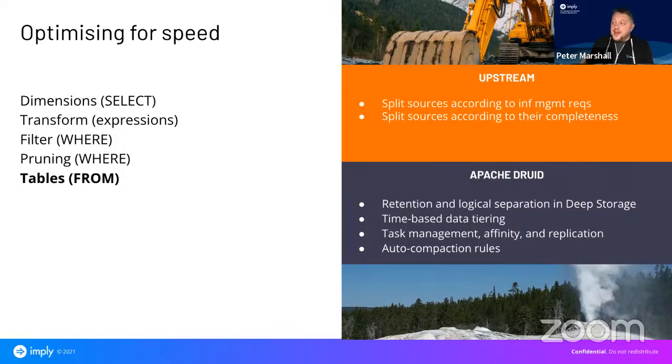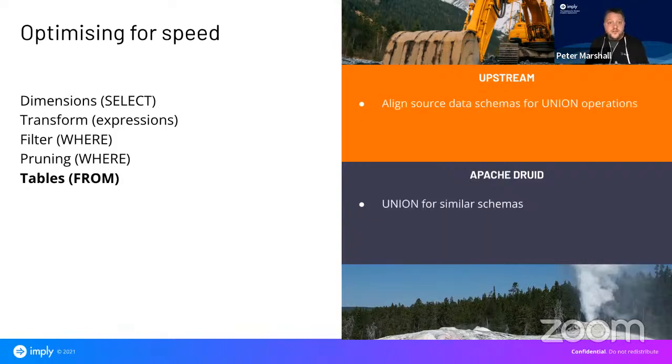Your tasks are managed, they have affinity, they're replicated based on a table, and also have this thing called auto-compaction, which is to do with defragmenting the data, especially on late arriving or out of order data, which is a very important feature. So it might be that you choose to employ some kind of processing upstream, maybe you'll bifurcate something upstream, so that Druid knows that that particular source, which is destined for that particular table, is complying with those particular information management requirements or levels of completeness.